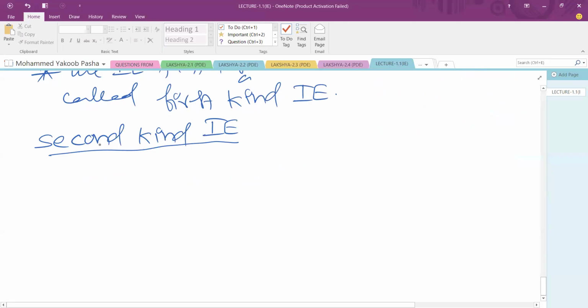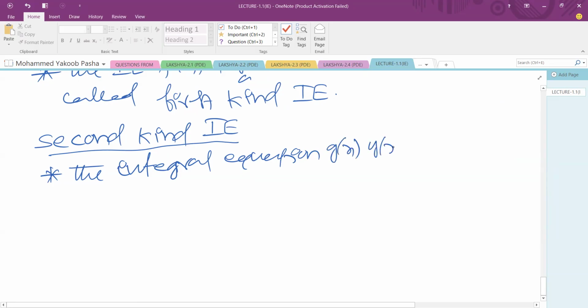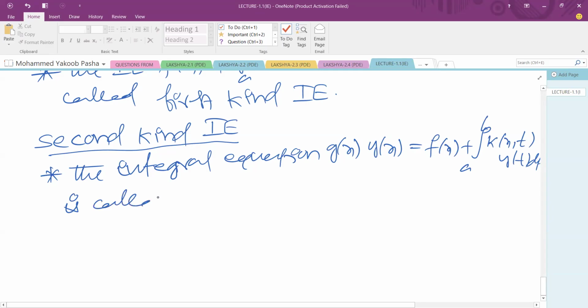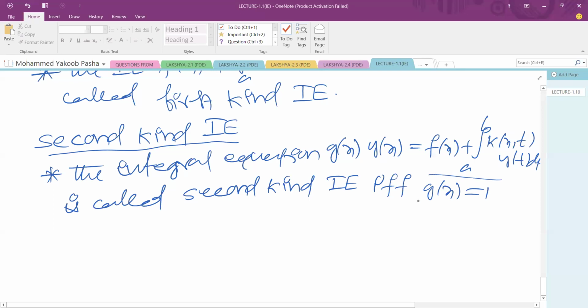Taking the general form of the integral equation, g of x into y of x is equal to f of x plus integral a to b k of x comma t y of t dt, it is called a second kind integral equation if and only if the condition g of x is equal to 1 holds, which is necessary and sufficient.